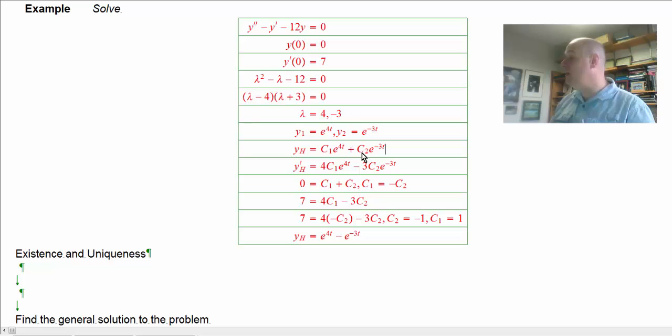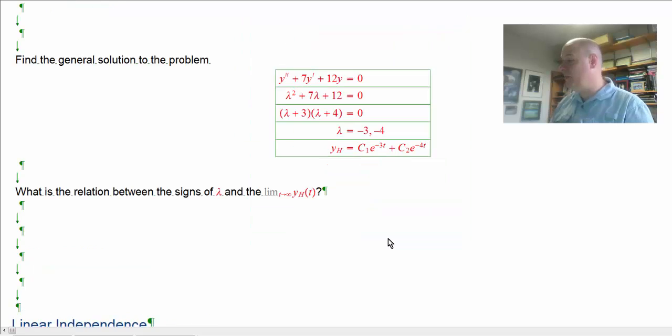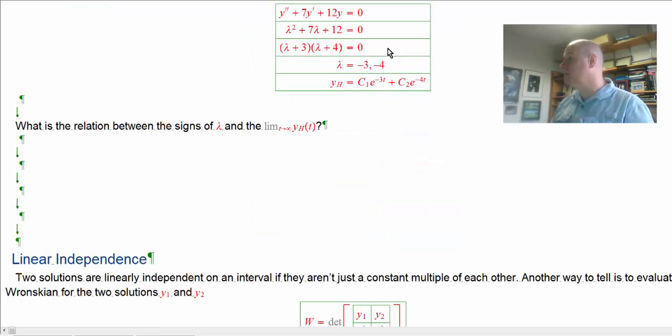As t goes to infinity, e to the -3t does go to 0. But this e to the 4t goes to infinity or minus infinity depending on what c1 is. It happens to be 1 in this case, so the solution goes to infinity. This piece goes to 0, but the other piece doesn't. Here we've got both negative eigenvalues, so both pieces go to 0.